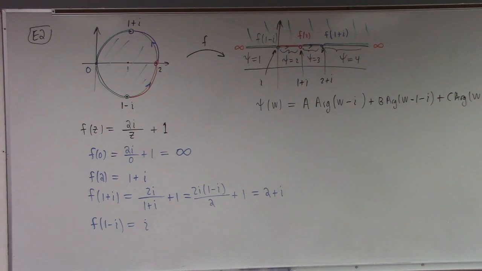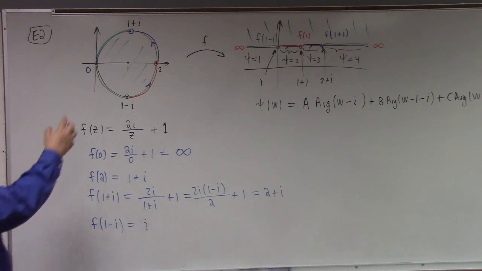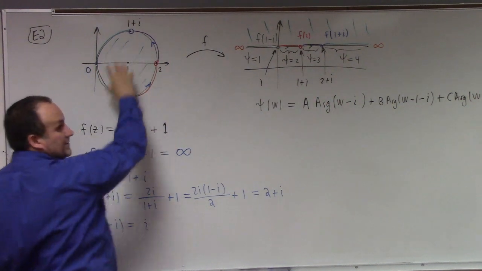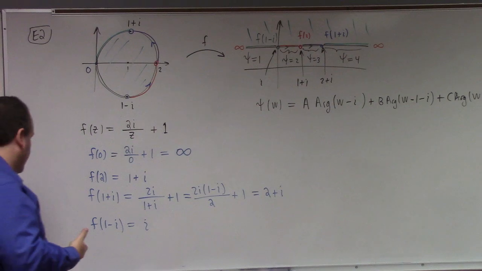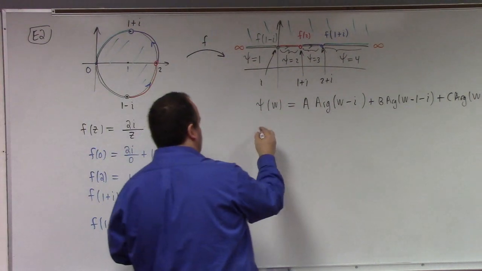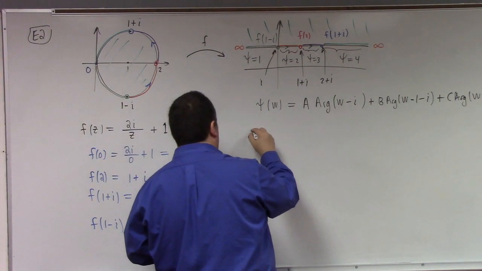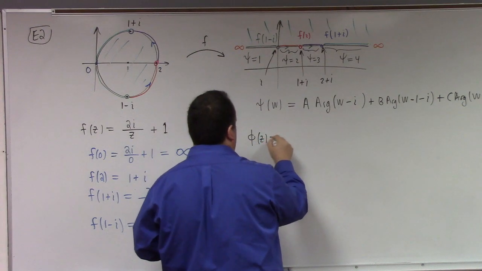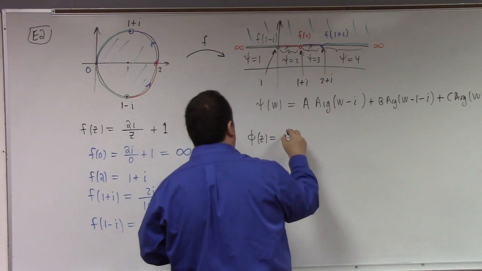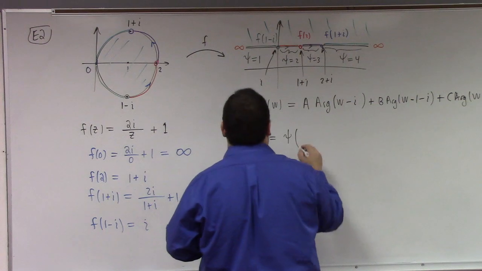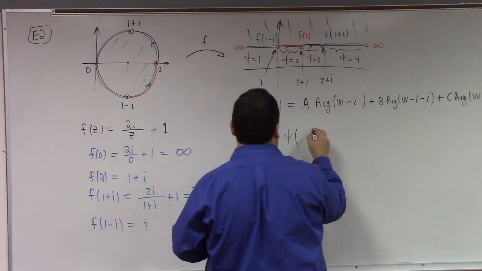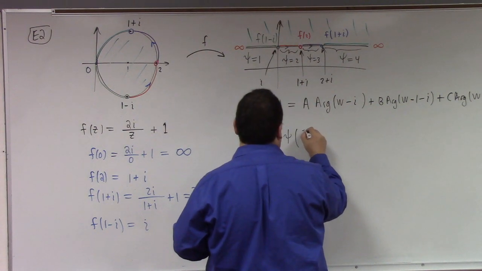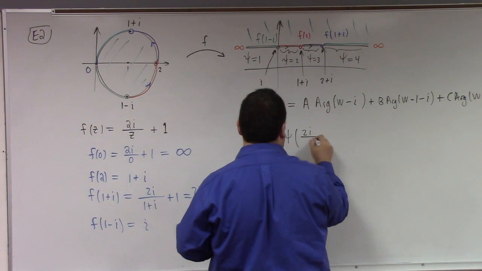And then we can use that to solve Laplace's equation over here with the following. The solution, psi of z, is just psi of f of z, which is 2i over z plus 1.